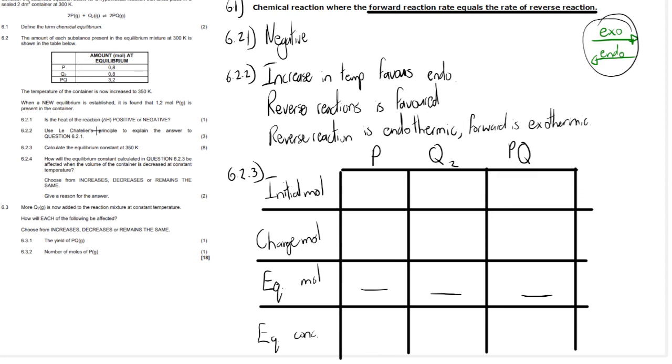But what they're asking for is the equilibrium constant at 350 K. And so that's after the changes happen. And so we can see this is our initial. So I would say that is 0,8, 0,8, and 3,2. Right, so if we see that as our initial, yes, go for it.